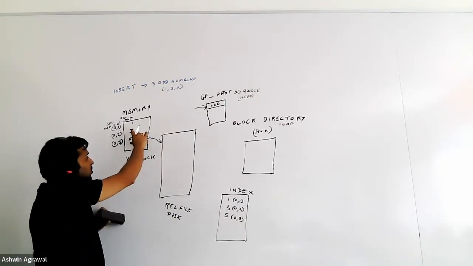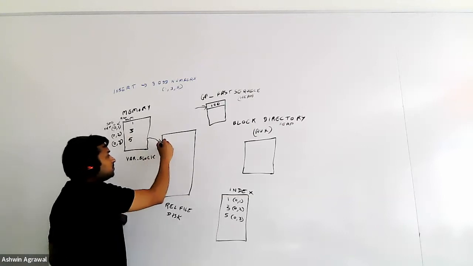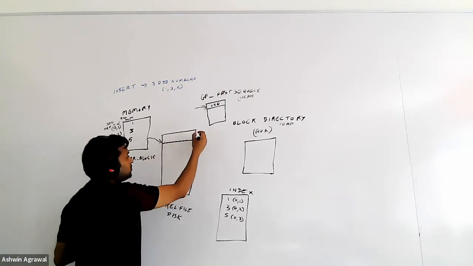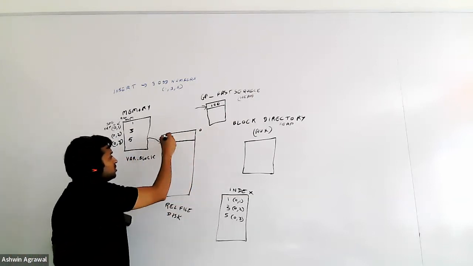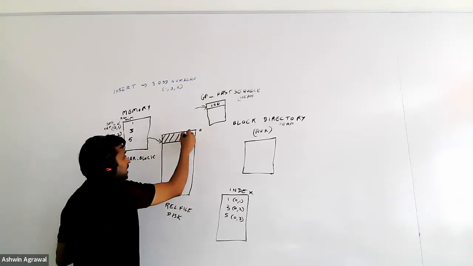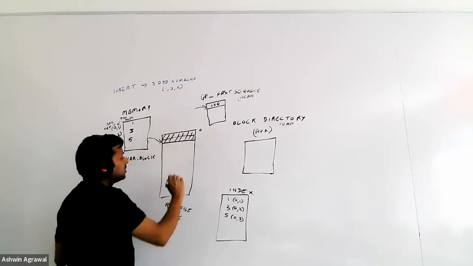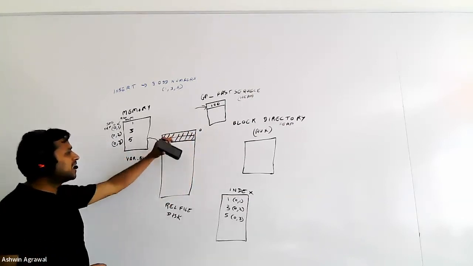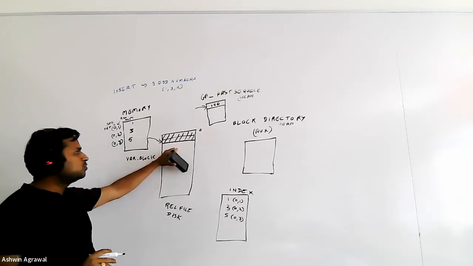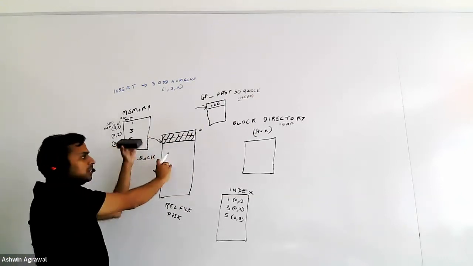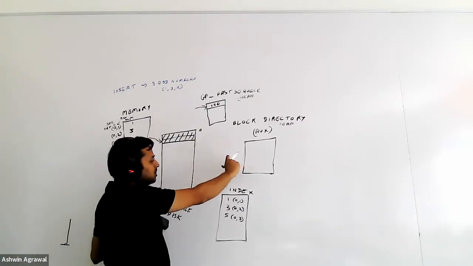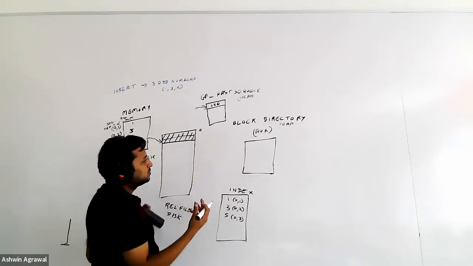So when we write this block to the physical file, we know which offset we are writing. So right now the offset which we are writing is 0. So this block lands in the file here. And once it lands to the file, what we do is we create an entry for this block which we have written to the file in block directory. So block directory, what does we write?